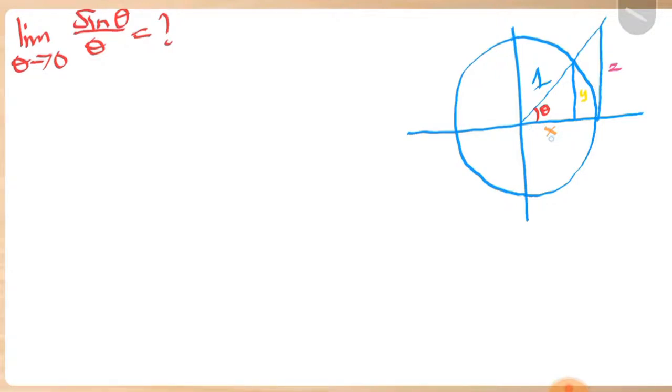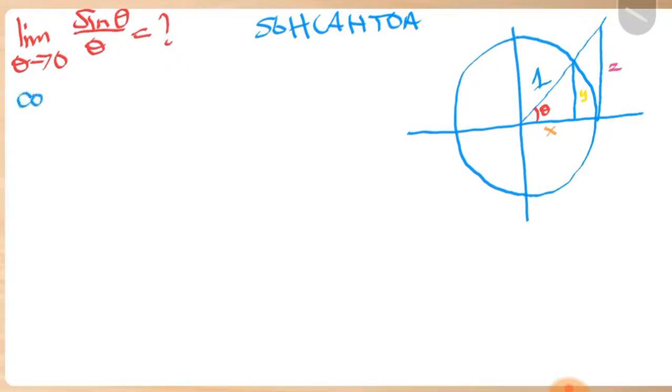Now let's figure out what the value of x is going to be. From trigonometry, x is the adjacent side. So adjacent over hypotenuse, from your SOHCAHTOA, is cosine.